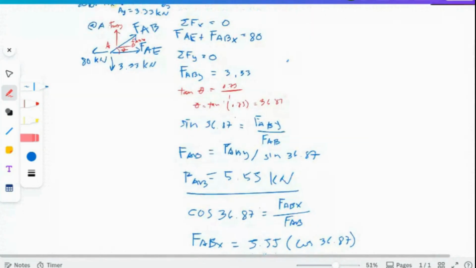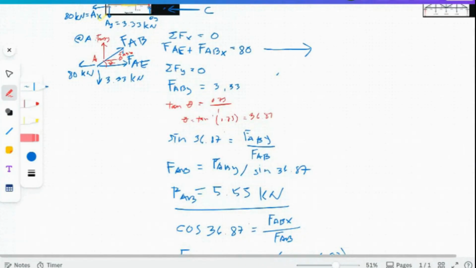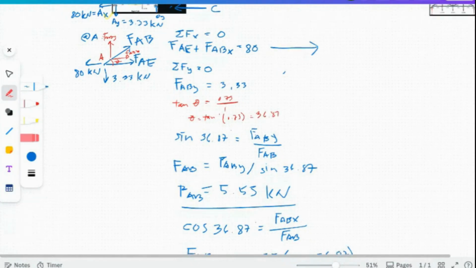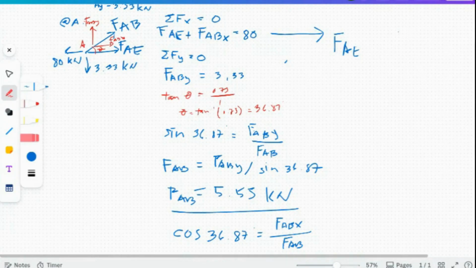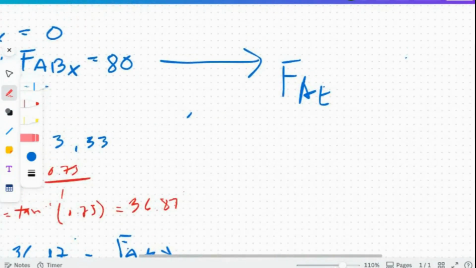You can use that here, so that we can use that to solve for FAE. I have to zoom in. FAE is equal to 80 minus 4.44.